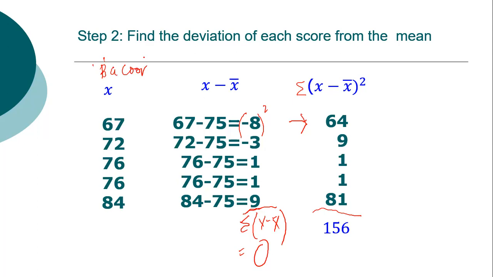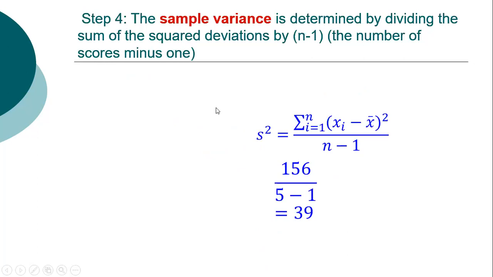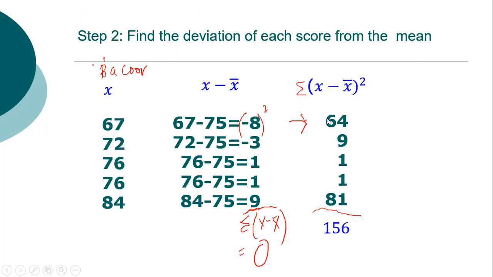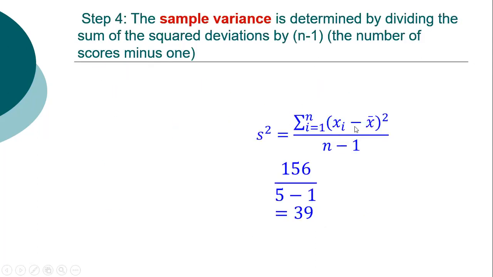Okay, moving on. So alalahanin natin ha. So this is your variance for Bacoor. Now, mali pala. The final answer that is just a summation. To get the variance, you have to divide the number of values minus 1 to 156.